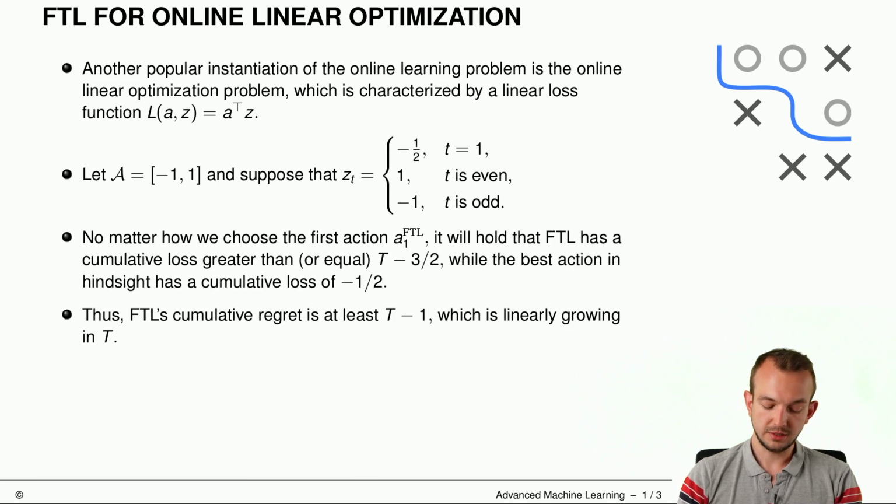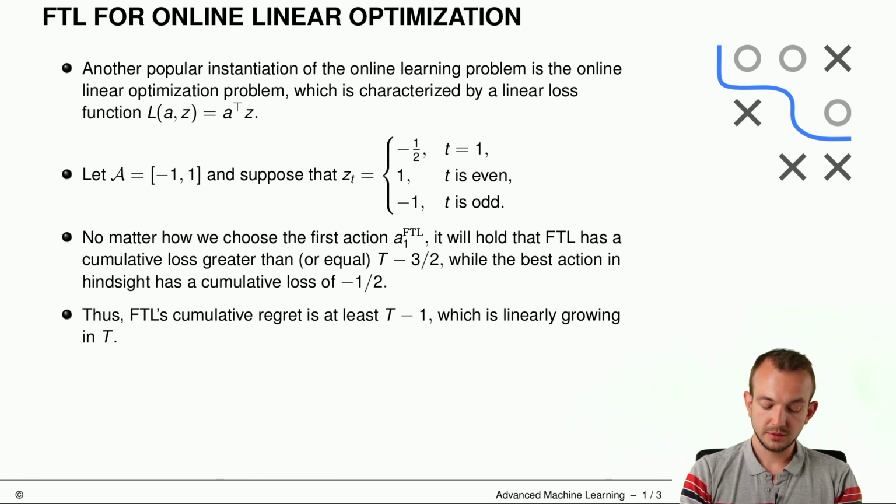We will see that the follow-the-leader algorithm will fail in the following sense: it doesn't matter how we choose the first action. We can use the best action available for this first environmental data point, which we'll also use later on.